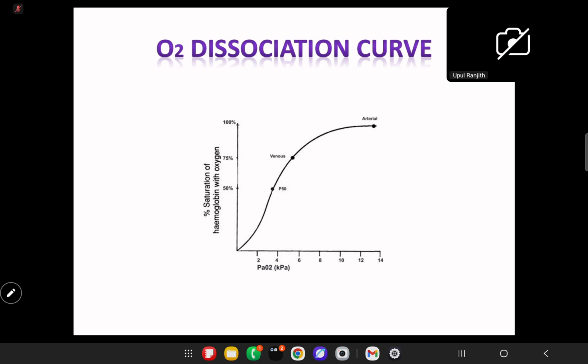You can see here that when the partial pressure is 100 millimeters of mercury, about 13.5 kilopascal, the saturation is almost 100%. So that is in the arterial blood, with almost 99% saturation.